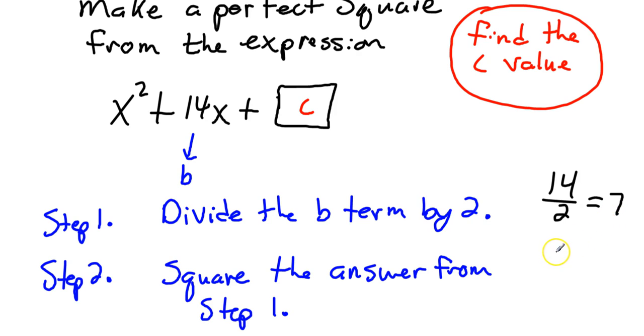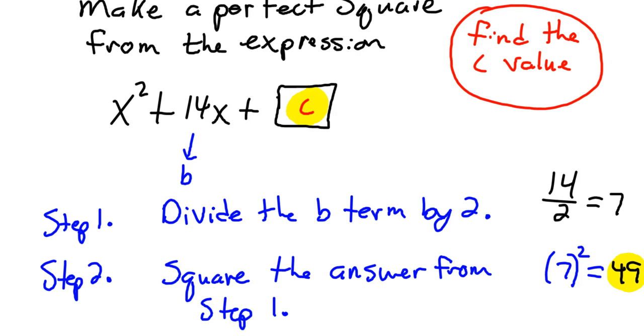So take this 7 you've got and square it. So that's 49. And that is the number that would go right there.